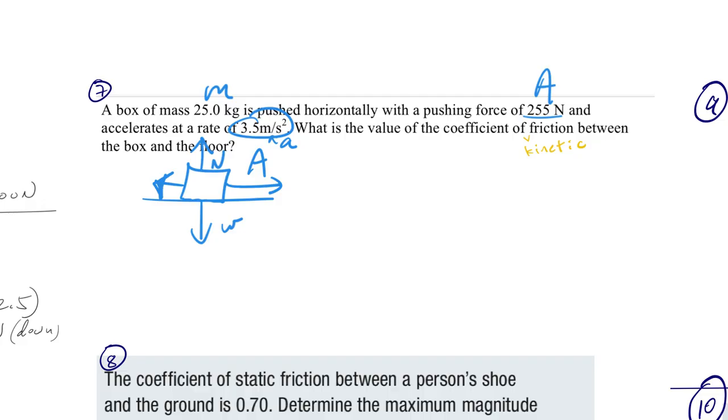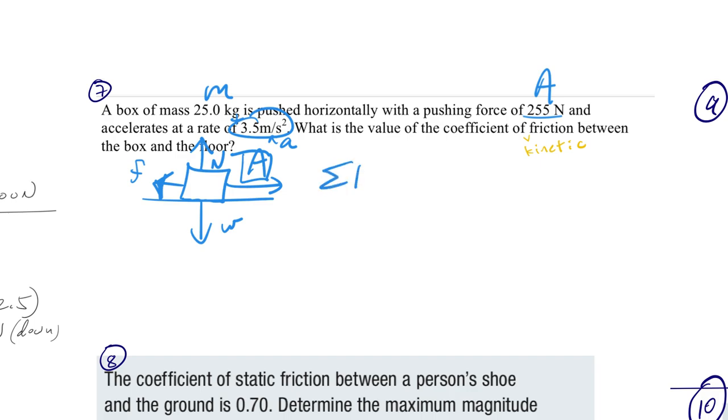So I'm assuming this is accelerating in the positive direction. So, which of these horizontal forces is bigger, applied force or friction? Well, if you have a positive acceleration, the force that points to the right is bigger.